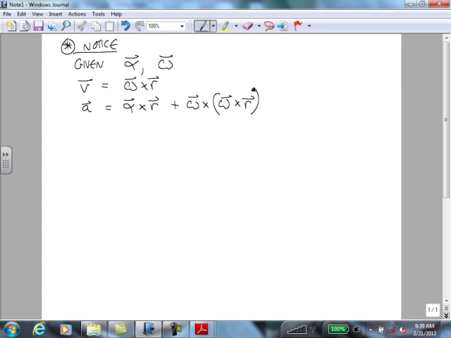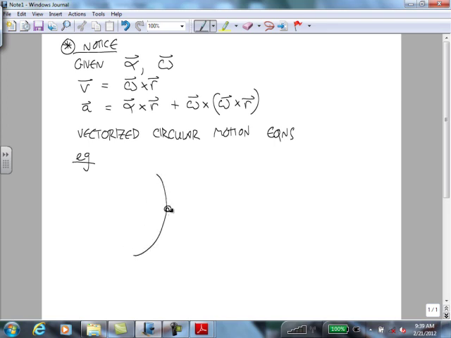So these two equations are just the vectorized circular motion equations. So for example, these are the equations that you would use if you had some particle that was traveling around a circular path.